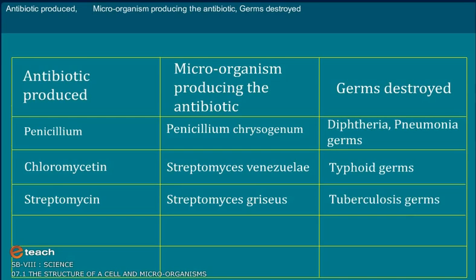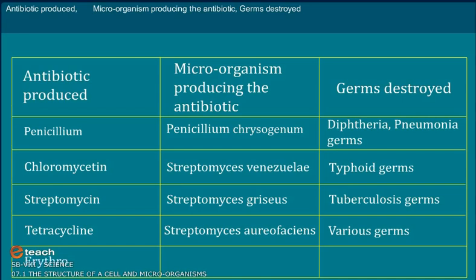Microorganism producing tetracycline: Streptomyces aureofaciens. Germs destroyed: various germs. Antibiotic produced: erythromycin. Microorganism producing erythromycin: Streptomyces erythraeus. Germs destroyed: various germs.